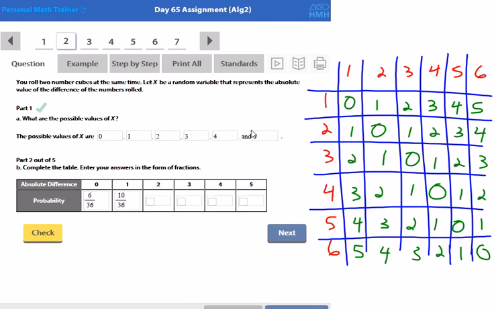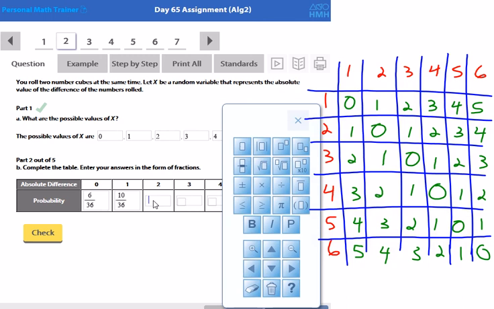Then for the twos, we have, is it 6 also? 6 out of 36? Let's see, for the twos, there was 8 out of 36. The threes were 6 out of 36.